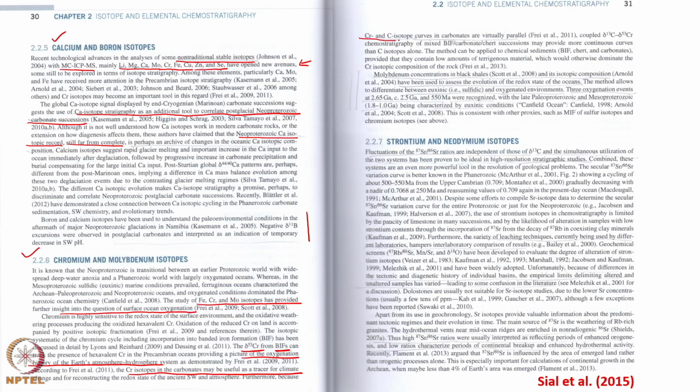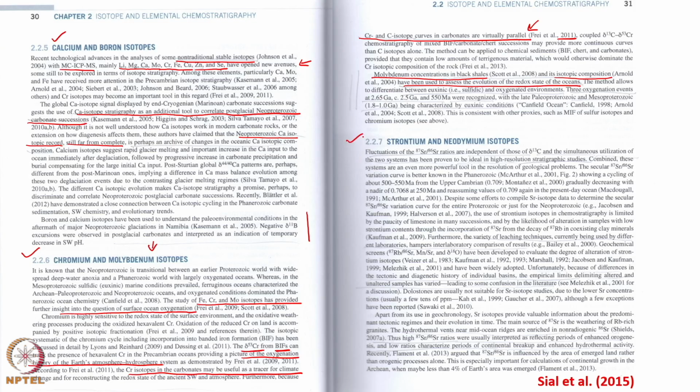The chromium and the carbon isotope curves in the carbonates are virtually parallel, and this has been recorded as early as 2011. The molybdenum concentration in the black shale and its isotopic composition have been used to assess the evolution of the redox state of the ocean. So, in that perspective, molybdenum becomes important.